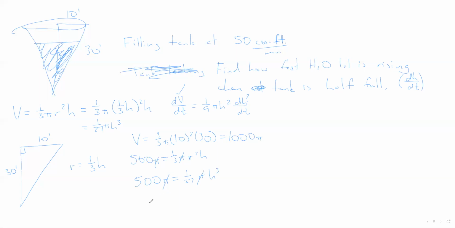What's the cube root of 500 times 27? Yeah, 23.8.